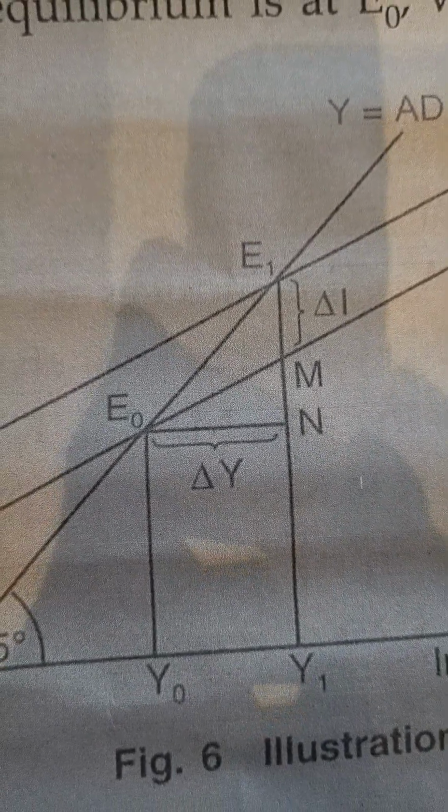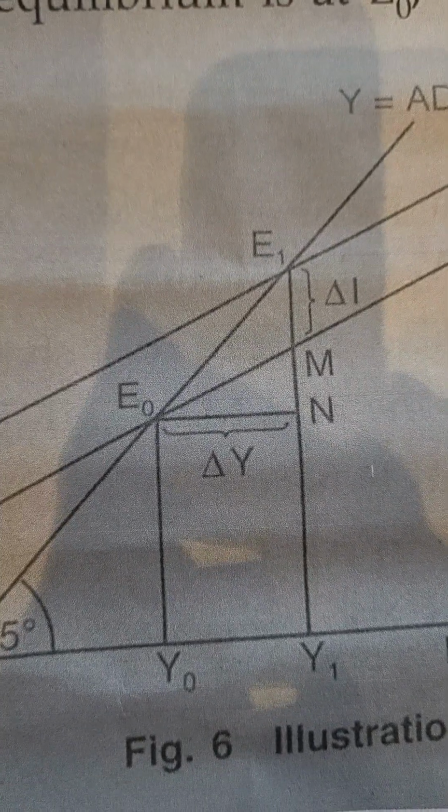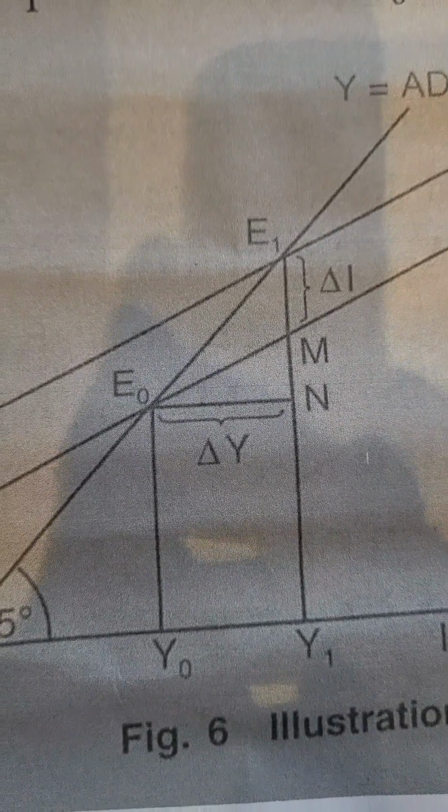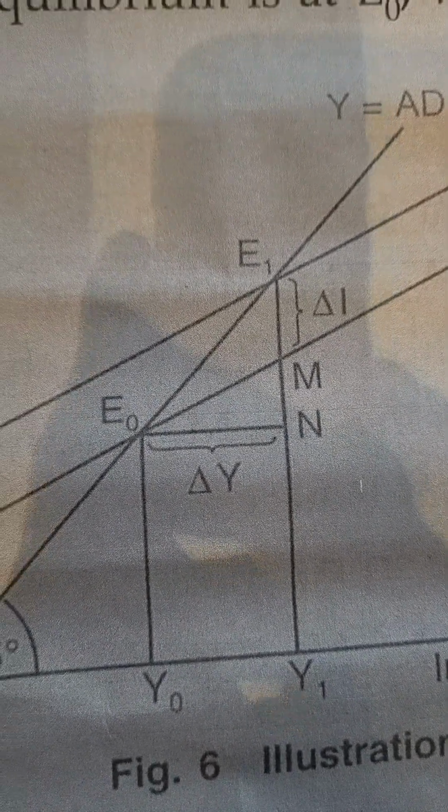But in that perpendicular E1N, we can separate it into two parts, E1M and MN. In these two parts, E1M is the increase in investment, delta I. Then E1N consists of another part, MN.